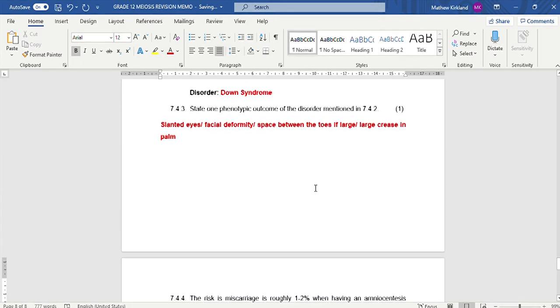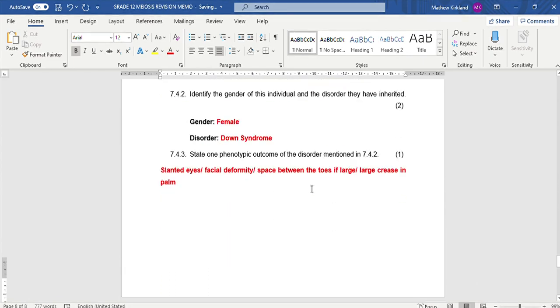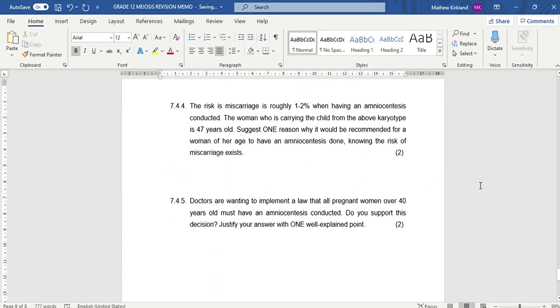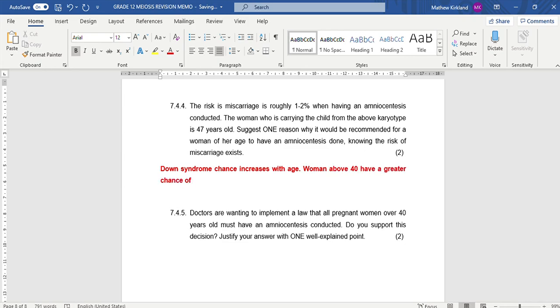So, just to clarify, in terms of Down syndrome, one of the reasons that increases the chance of it is age. So we know that Down syndrome chance increases with age. So women above 40 have a greater chance of having a child with Down syndrome.